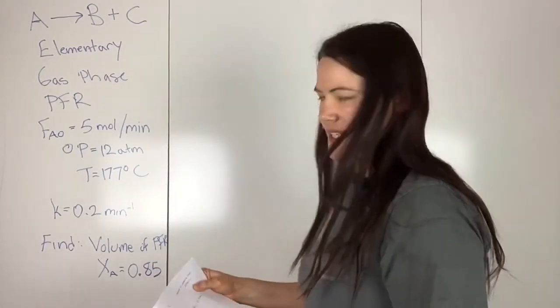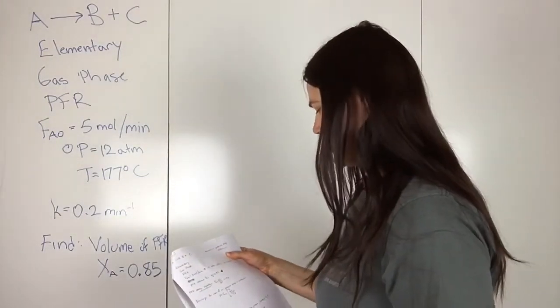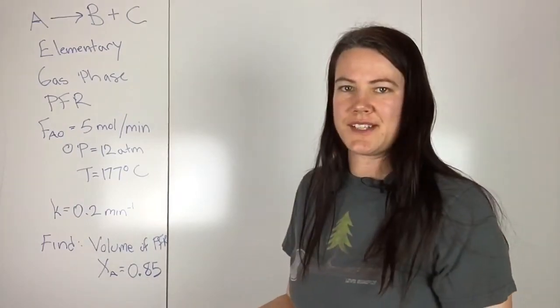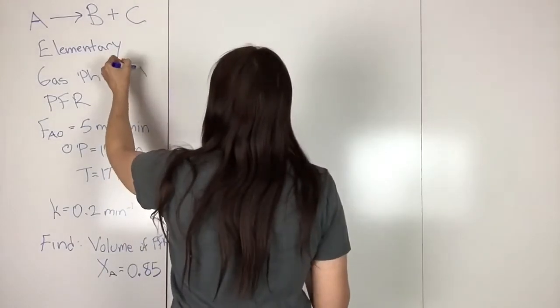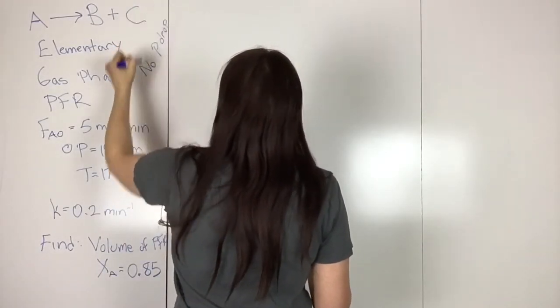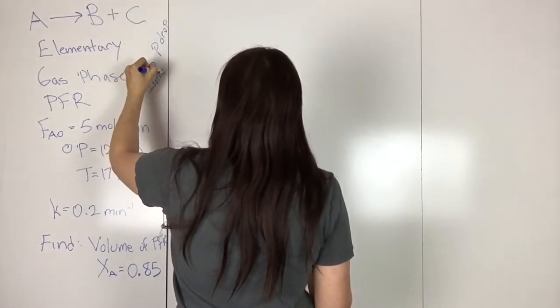So then we also want to make some assumptions. First of all, I'm going to assume that for these calculations, it's isothermal and that there's no pressure drop.